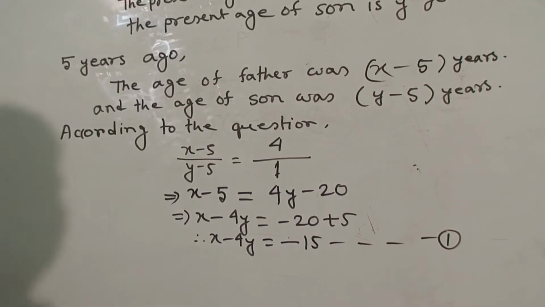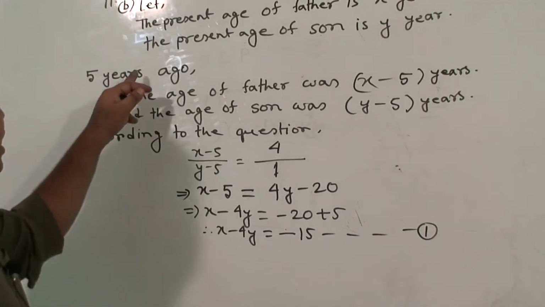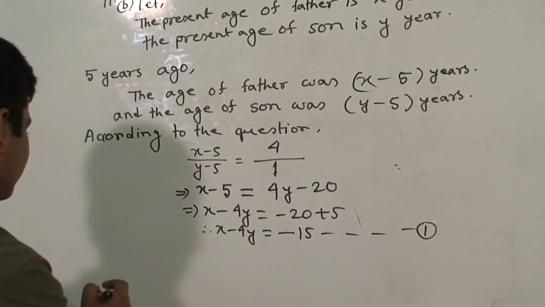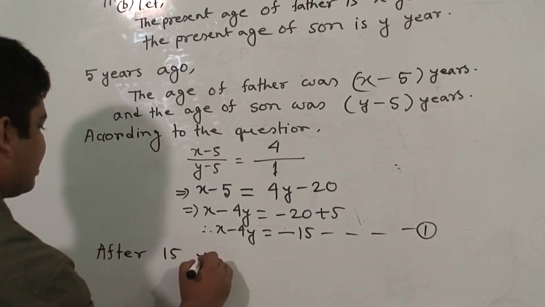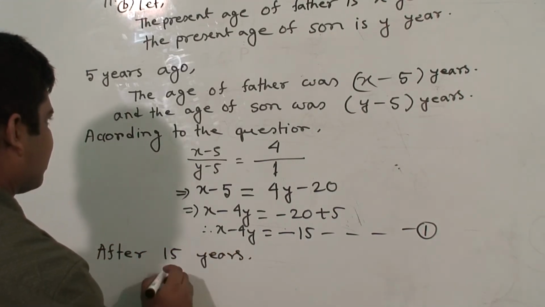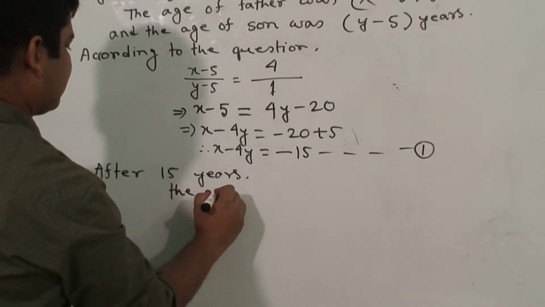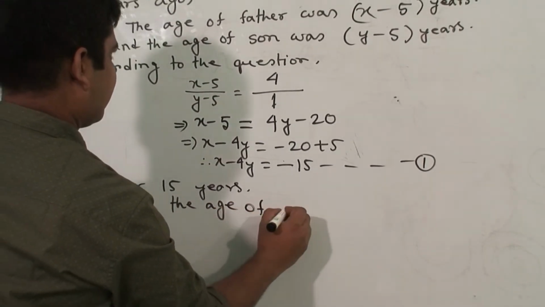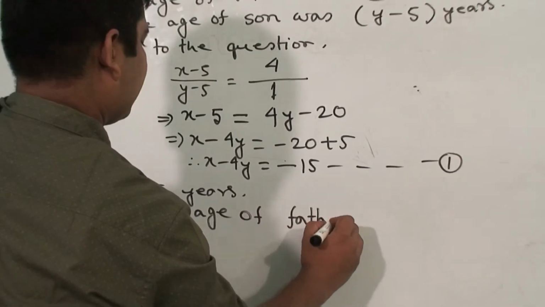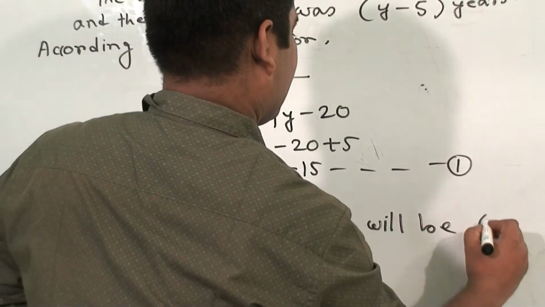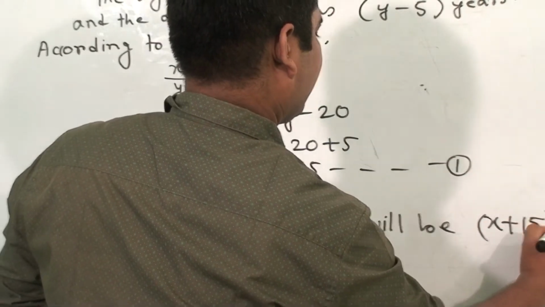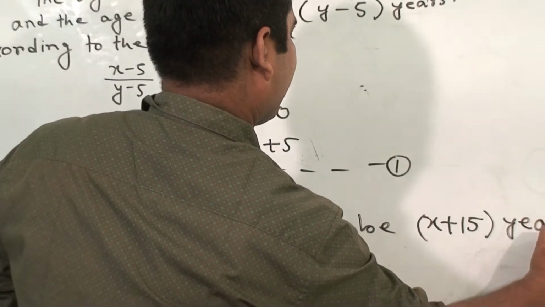Now again, after 15 years, so now write after 15 years the age of father will be x plus 15 years.